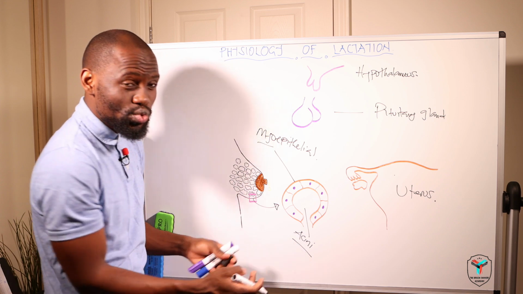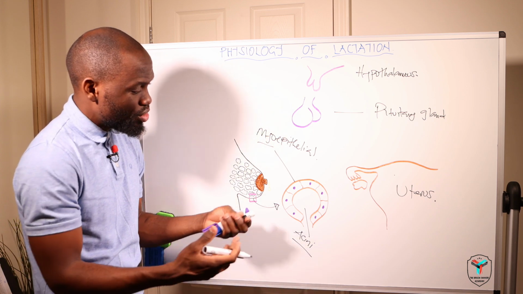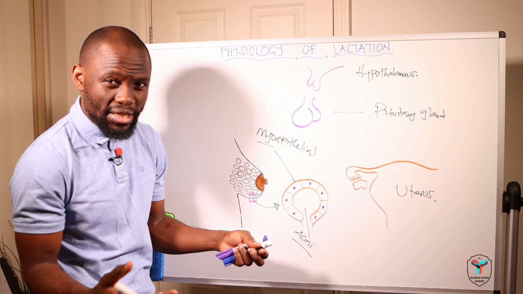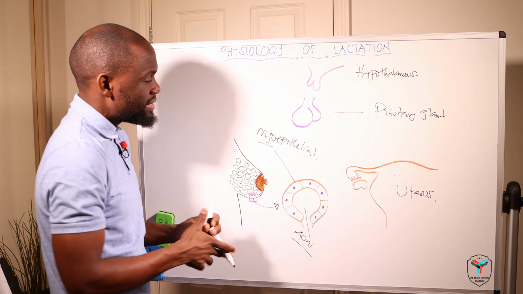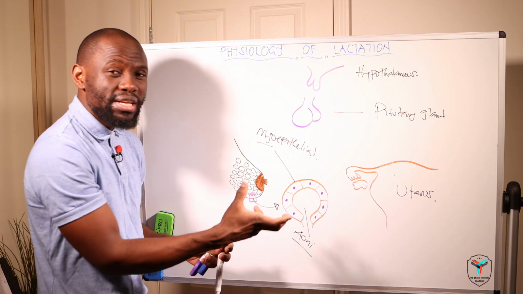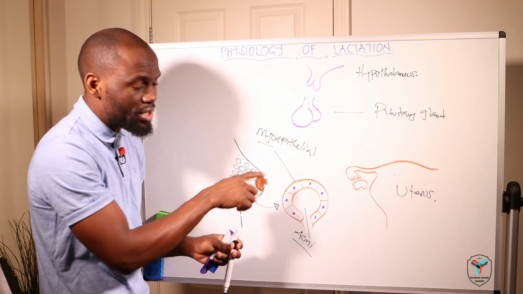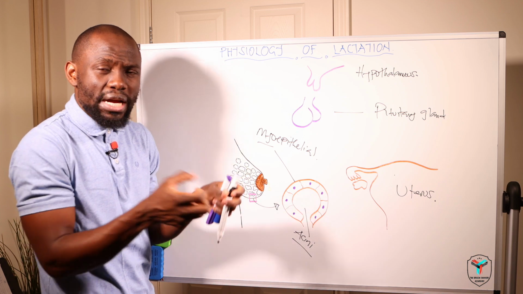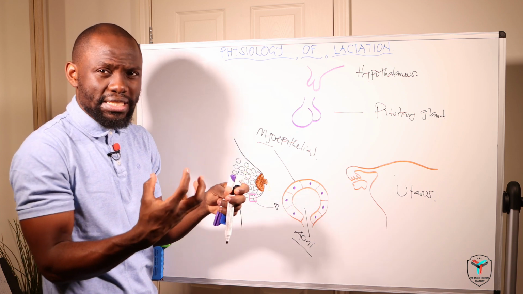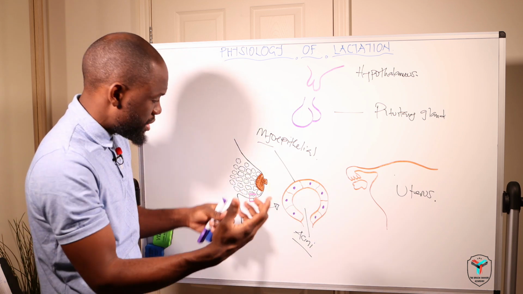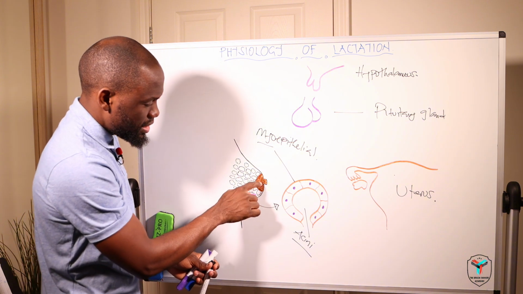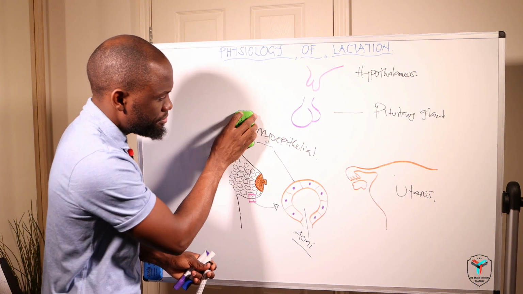So the acini cells will be stimulated by the prolactin hormone to produce that milk. And then the myoepithelial cells will later be acted on by another hormone to contract and allow that milk that has collected in the alveoli to flow and be released towards the nipple for the baby to actually feed on.